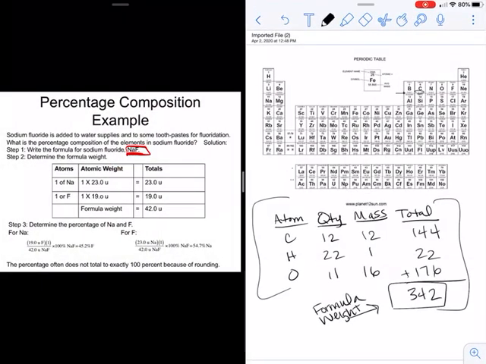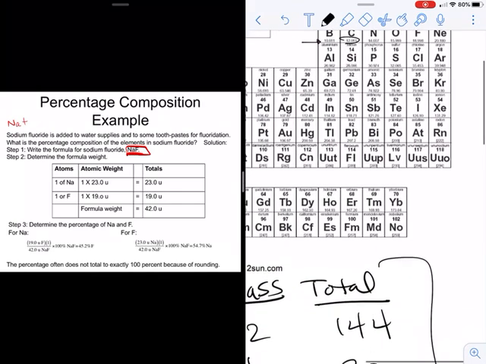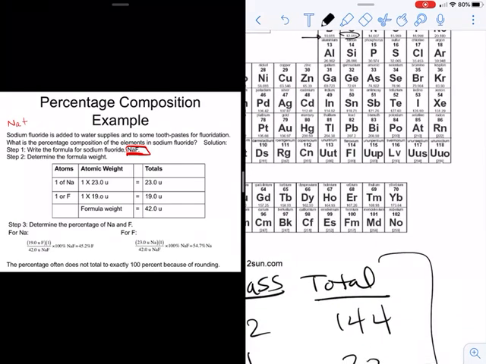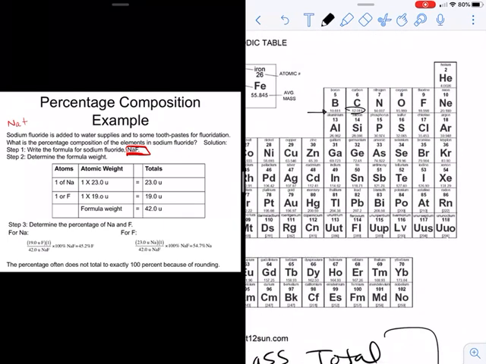Okay, so if you look over here at sodium, sodium's right here. What group is it in? It's in group 1. So that means that its ion is going to be +1. Why is it positive? Because it's a metal. And you go on over to the right side of the periodic table. Come back down. There we go. And fluorine is over here, so it's in group 7.